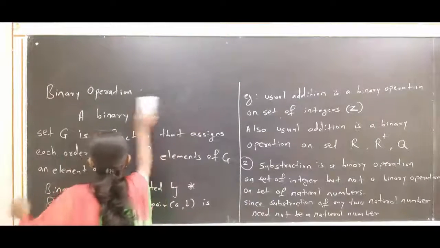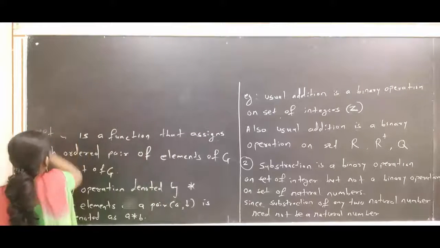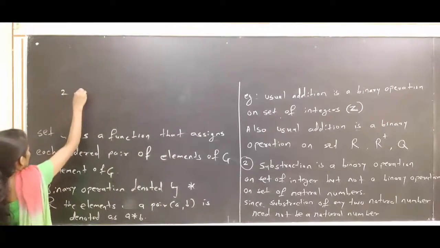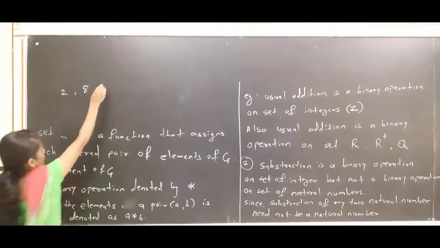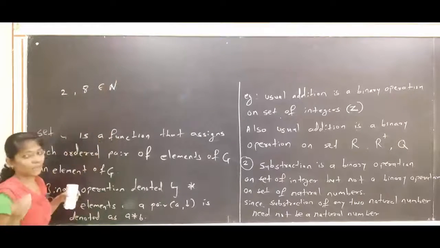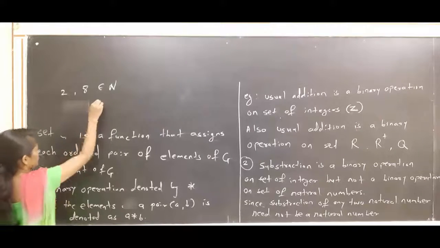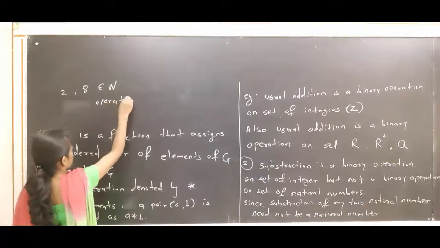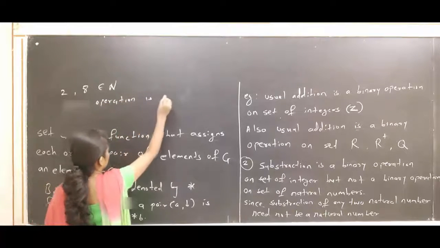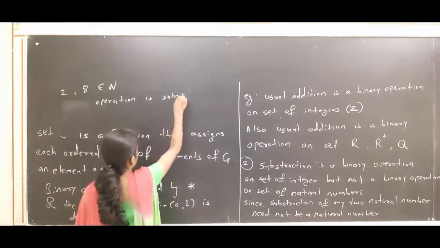For example, if we consider 2 and 8 belonging to the set of natural numbers, and star is subtraction.